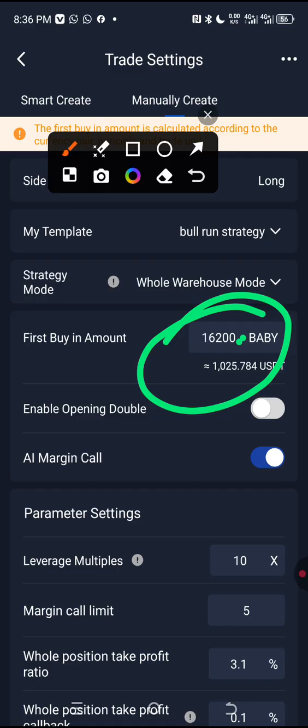And then finally, make sure you do these calculations as we've shown them. That is the amount here divided by 5, or any amount shown down here, then times leverage times the first buying amount you want to invest in your coin, so that you get accurate or good results.